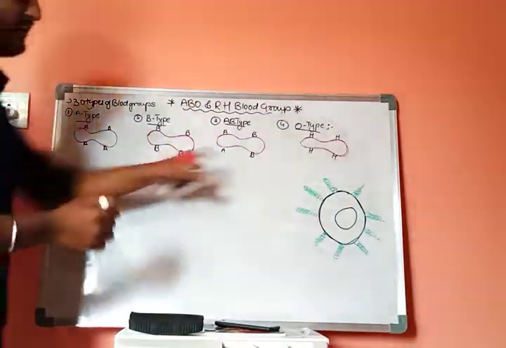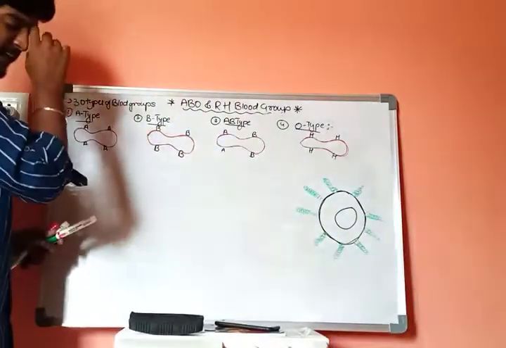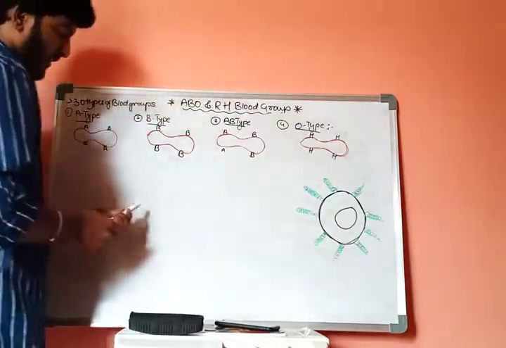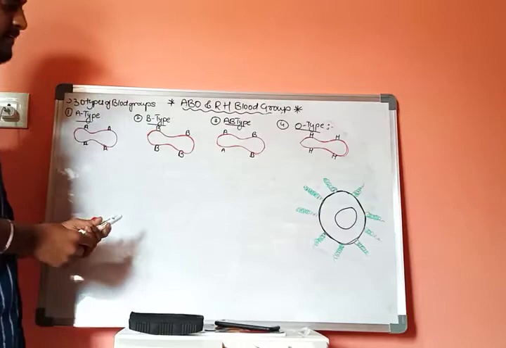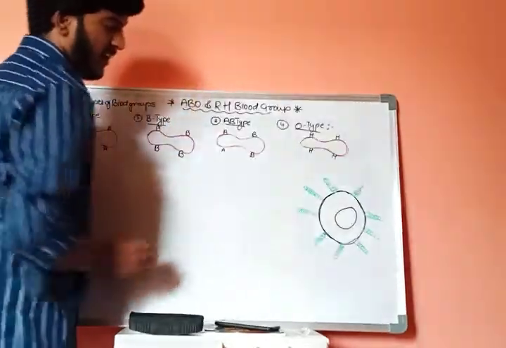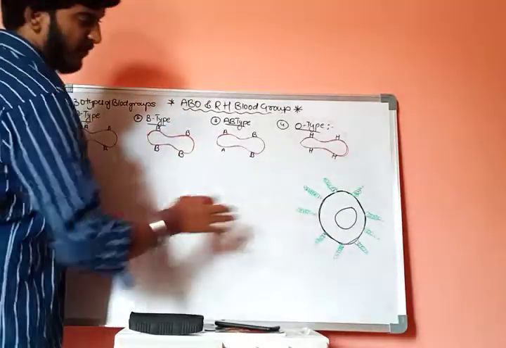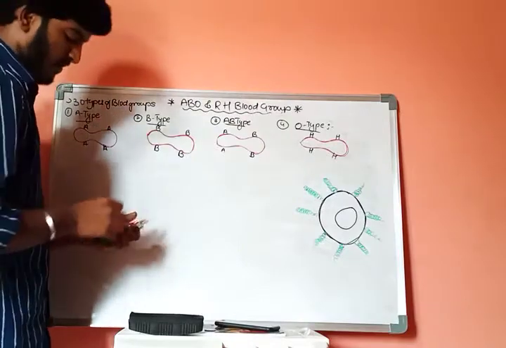These oligosaccharides are millions in number. Oligosaccharide is formed by the combination of many monomers.